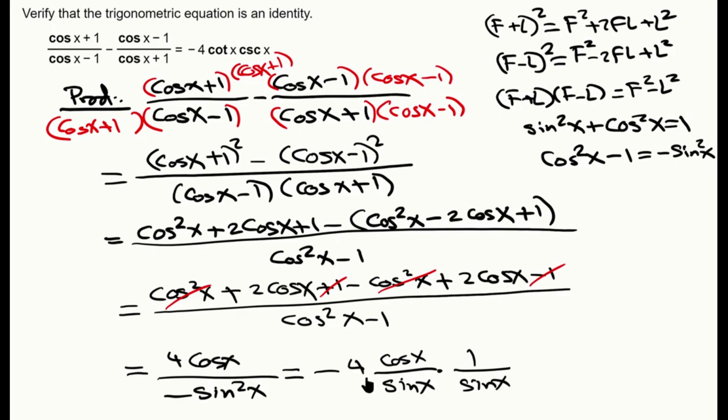Notice the numerator is negative 4 times cosine x times 1, which is negative 4 cosine x, and the denominator is sine x times sine x, which is sine squared x. So they're equivalent expressions. So now we can say that's equal to negative 4 cotangent x cosecant x, which is the result we were hoping for.